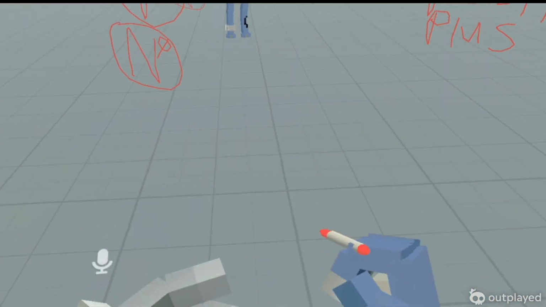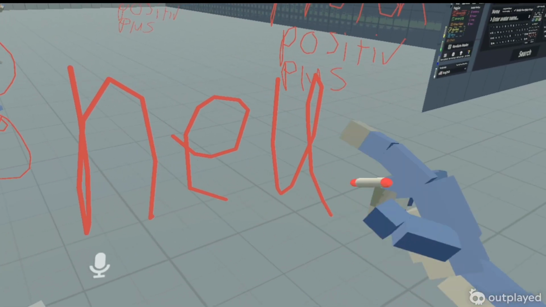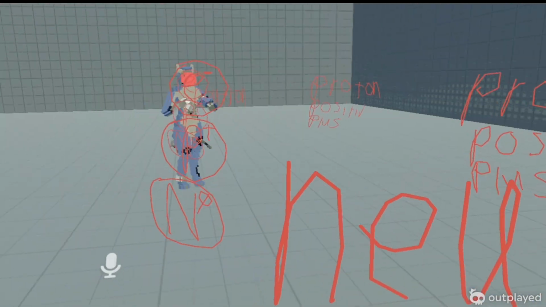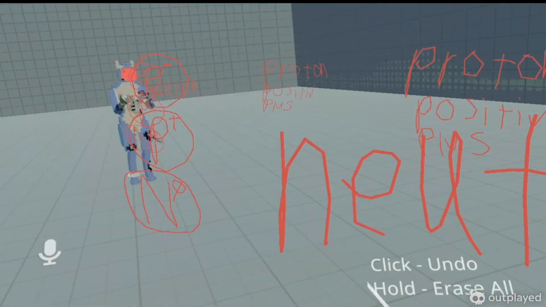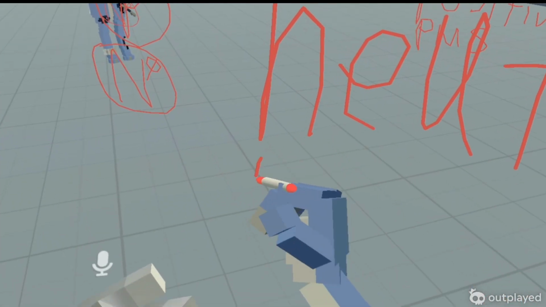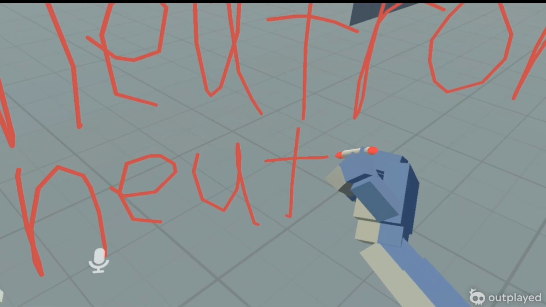Then the neutron comes from the word neutral.